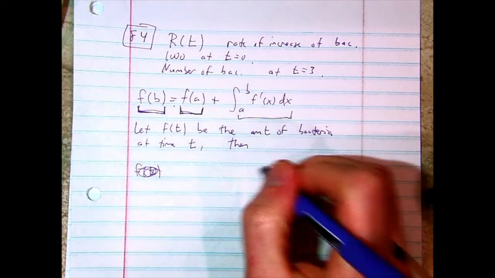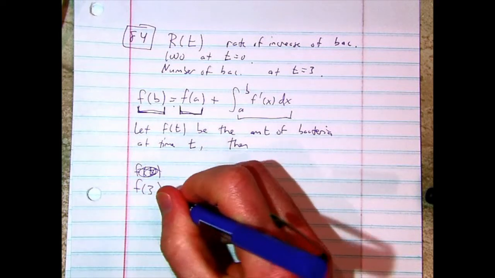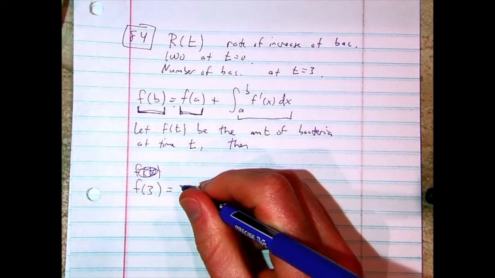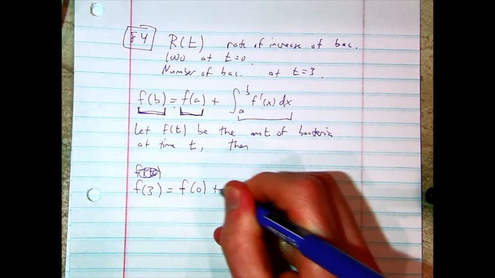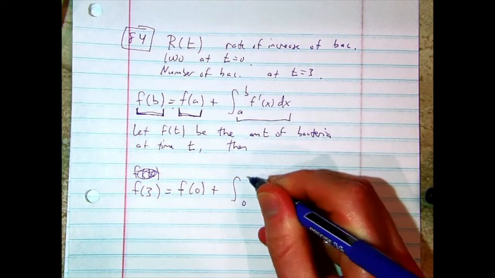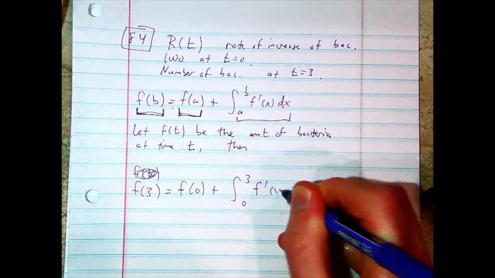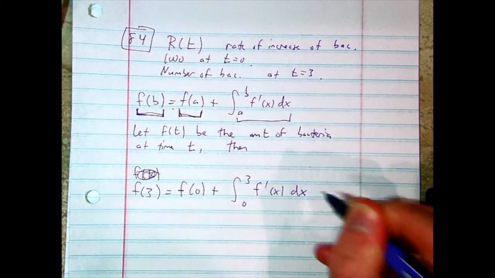We're interested in what is f of 3. We can use this formula and say, oh, f of 3 is going to be f of 0 plus the integral from 0 to 3 f prime of x dx.